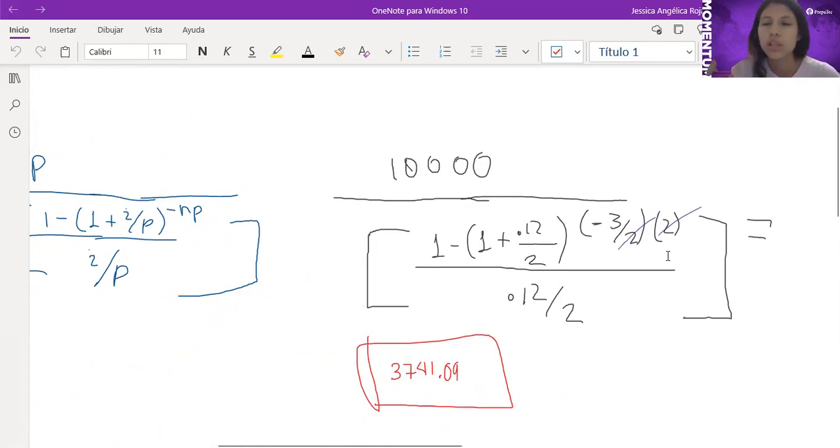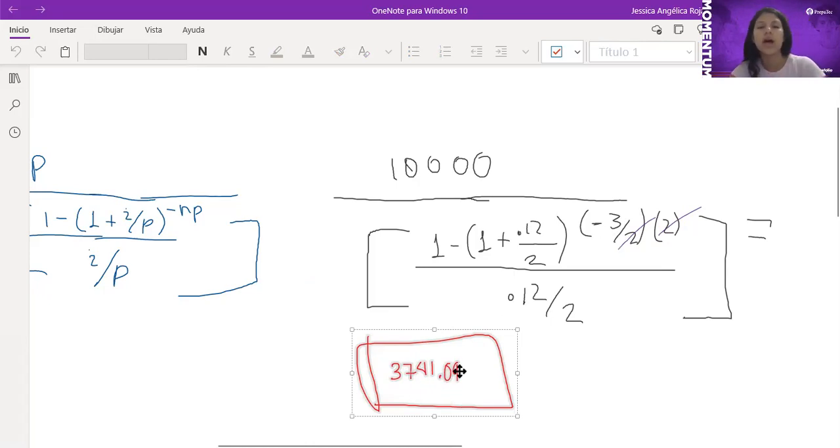The 2 is eliminated because it's like the fraction 2 over 1. And this is divided by 0.12 over 2. And this gives me 3,741.09.